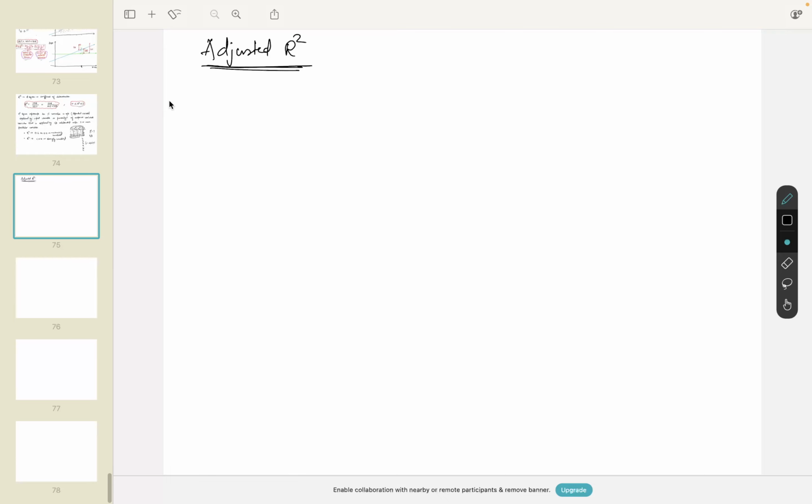Before going into that, let me give you one more equation. For example, y equals mx plus c for a simple linear regression, remember? If I want to ask what is the value of this c, then what you will do?